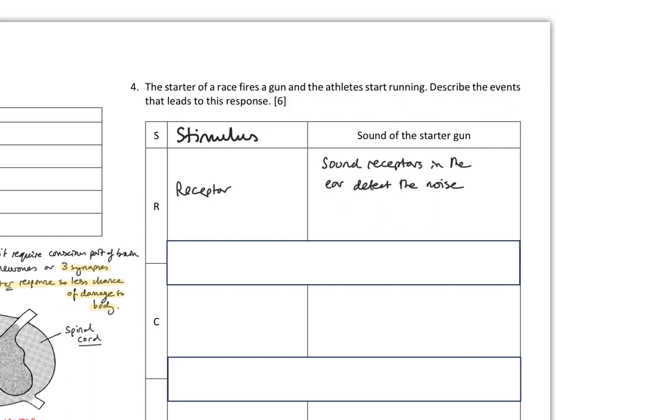They're more likely to ask about one that you've learned about in particular, like the eye, or something to do with temperature control. Often it's temperature receptors in the skin because you've fallen into cold water, or someone's shone a bright light into your eye, and therefore it's going to be the photoreceptors or light receptors in the eye, in the retina, to detect it. But we're just going to go for a generic one here. So that's my receptor. And then we're going to get to the coordinator.